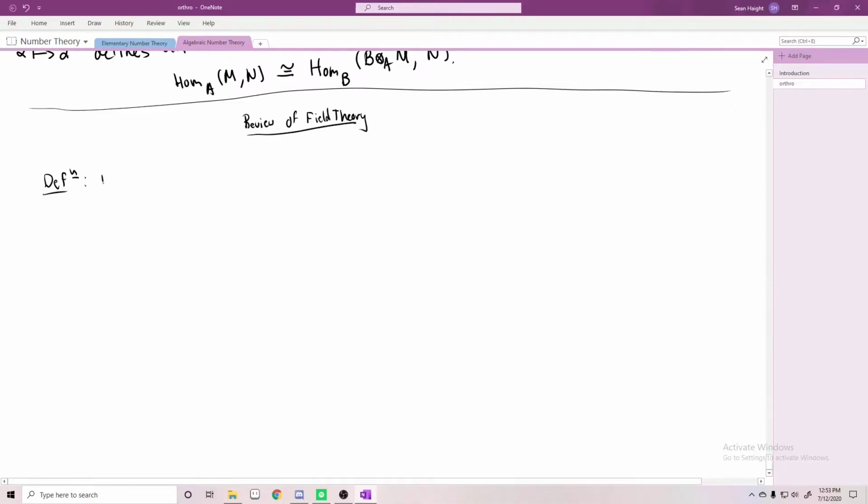So recall, a field is a non-zero commutative ring in which every non-zero element is invertible.